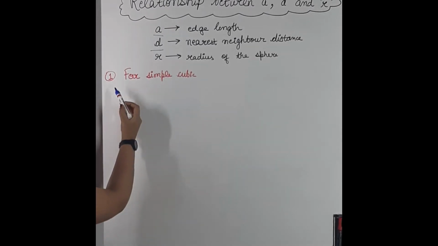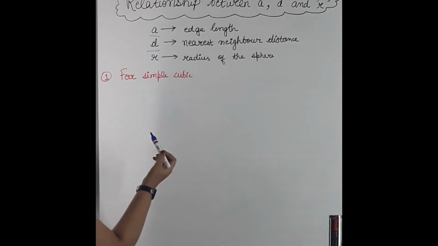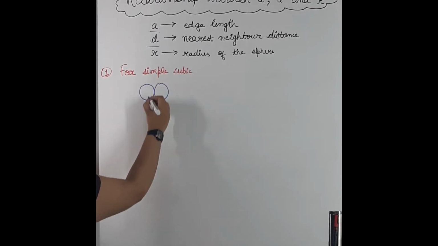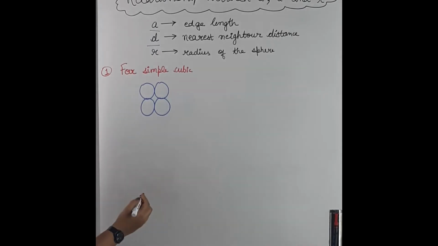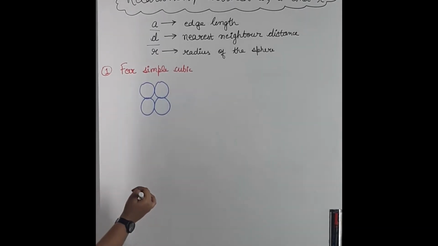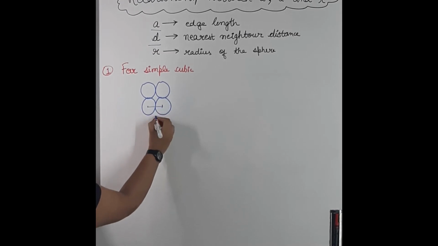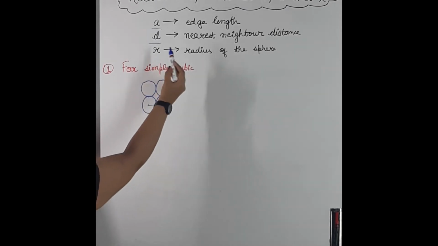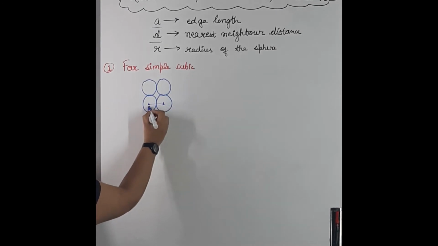First we will consider the simple cubic system. For simple cubic system, we know that the constituent particles are present at the corners of the unit cell, as we have discussed in our previous video. So the edge length is A in this case, and nearest neighbor distance is D in this case.